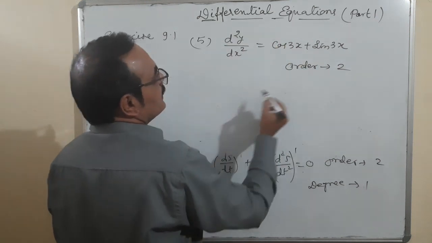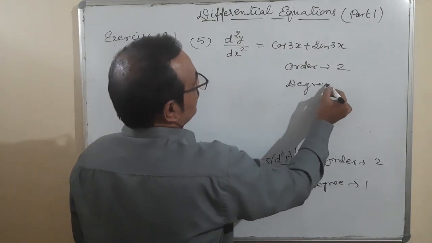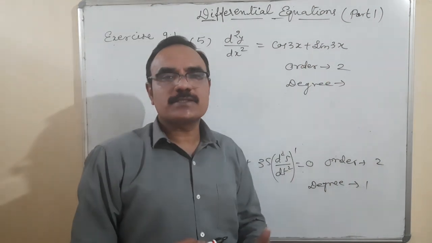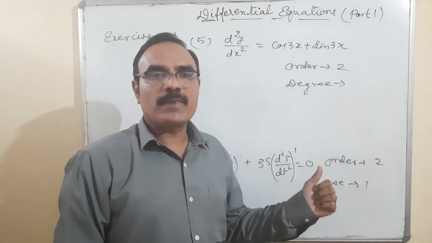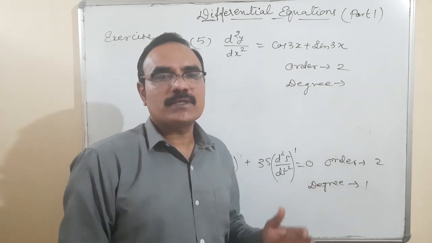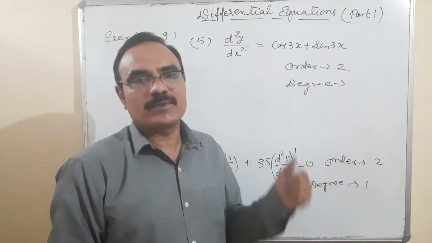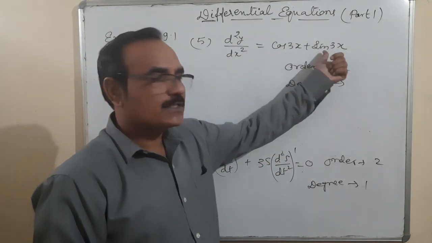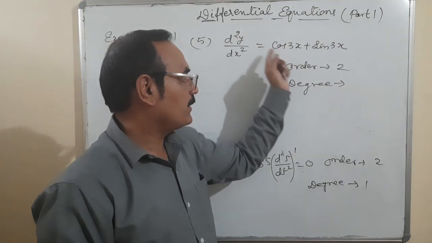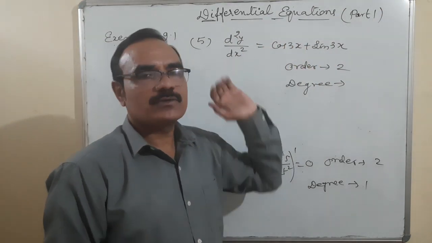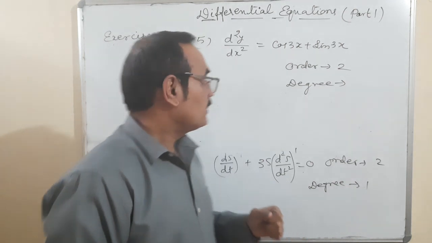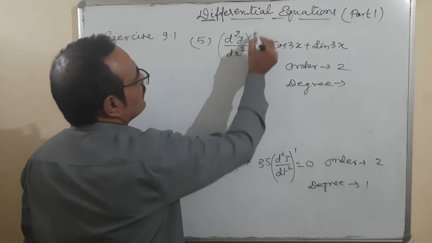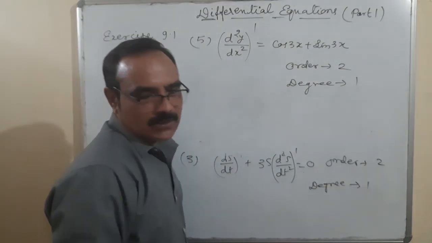Order 2. Degree: is degree defined, yes or no? Yes, degree is defined, because sine, cos, log and exponential terms are not coming with derivatives multiplied, added or subtracted. So cos 3x plus sin 3x is okay there, because no derivative is involved in them. This is also a type of polynomial, and the highest order is 2 and its degree is 1. So degree is 1.